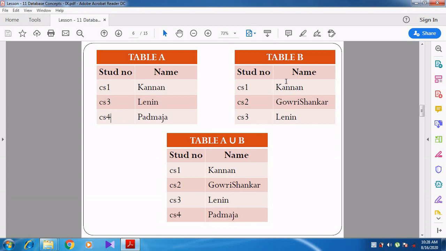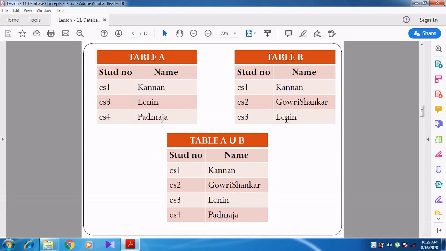And then we look at table B: CS1 Kannan, CS2 Gauri Shankar, CS3 Lenin. Now if I go for the union operation, table A union B, and combine together, table A already contains CS1 Kannan, and it is also stored in table B. Like that, CS3 Lenin is also stored in table B. So it eliminates the duplicates.